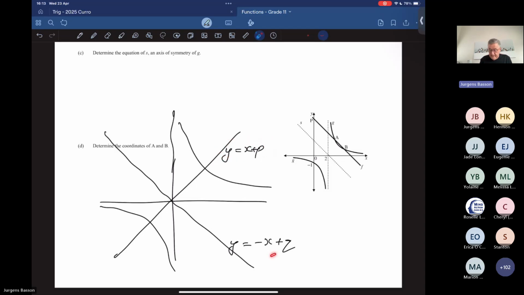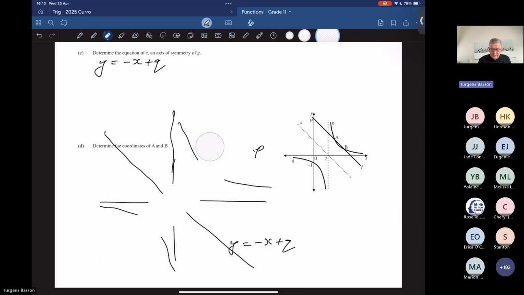Sometimes they ask for a negative gradient, then it's this one. Or they put it in the drawing like they did here, and they must be able to say which one is which. So we're going to do y equal to minus x plus q, because that is what we expect S to be.